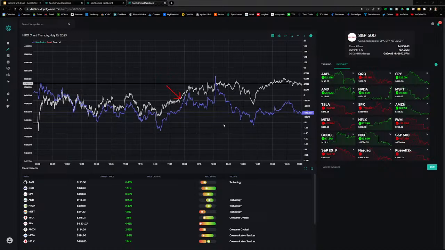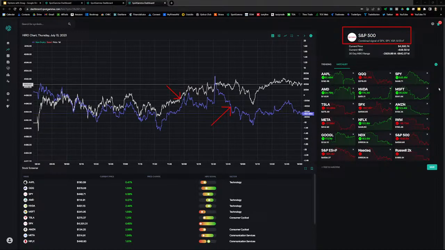That's the white line, and the purple line is showing options trades and market maker hedging flow, hedging activity for a combined signal for SPX, SPY, XSP, and ES futures, all into one combined signal. And SpotGamma does provide separate signals for all of those instruments as well. This is the combined signal, and this is generally what I look at when I'm trading the S&P 500.